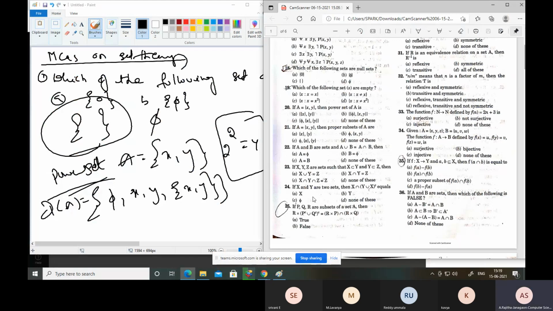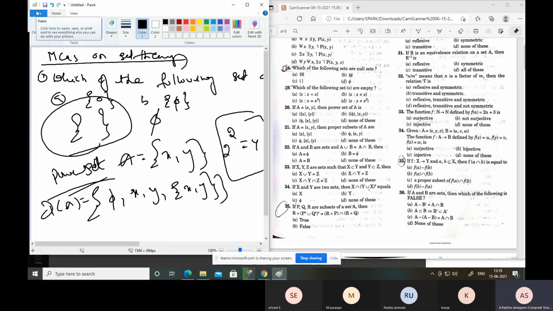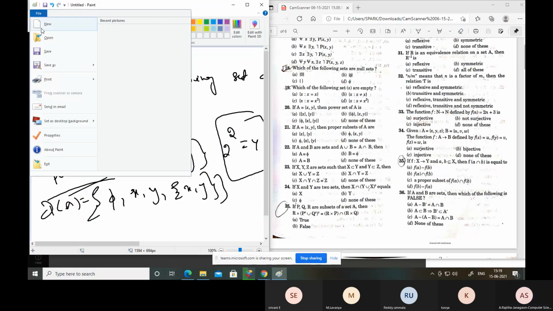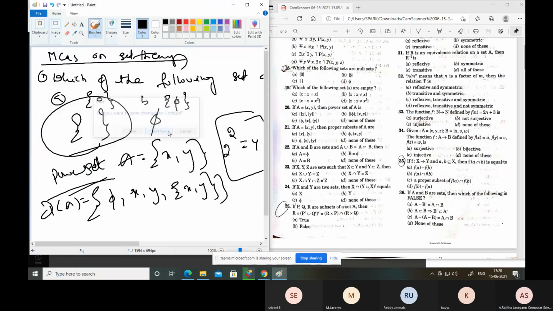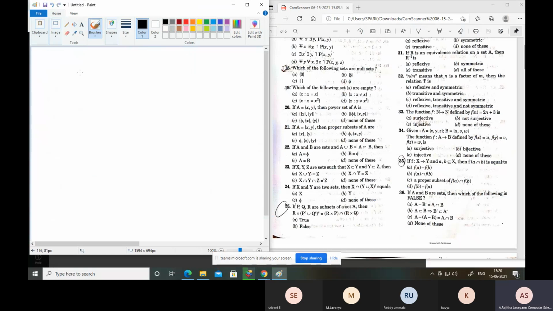Okay, then next the 24th, x and y are two sets, x intersection y union x complement equals empty set. So x is some set, y is some set. For example, mu equals 1, 2, 3, 4.